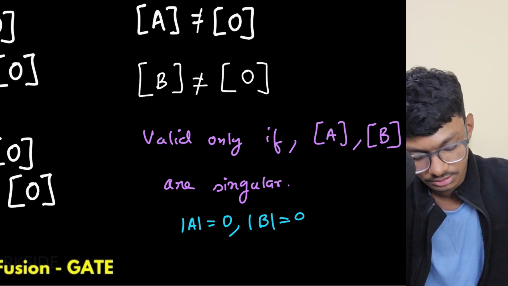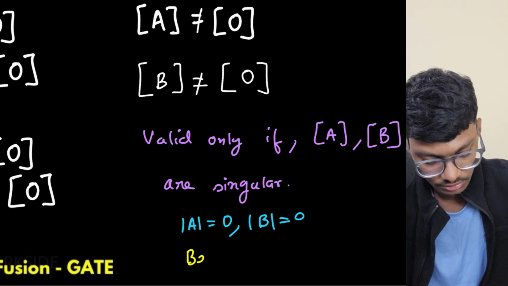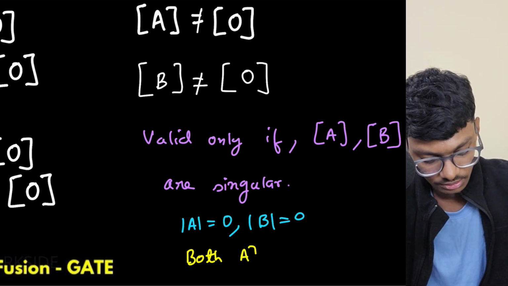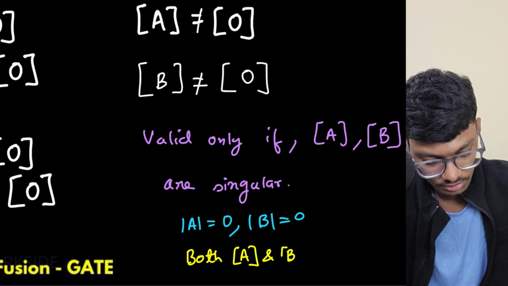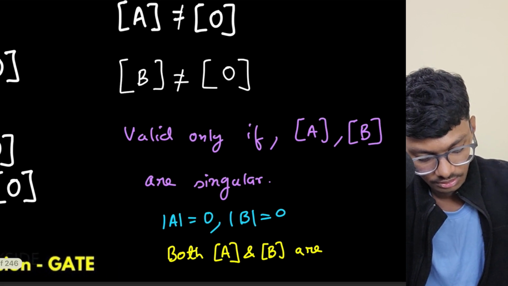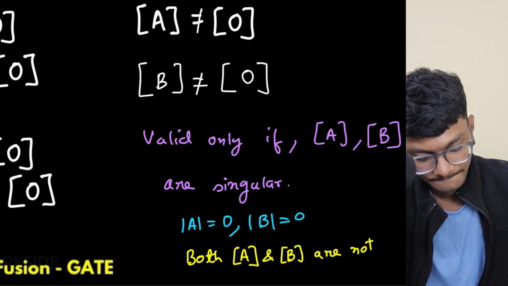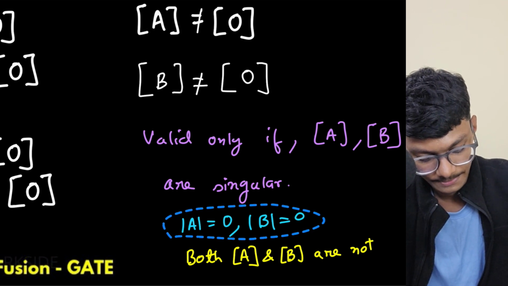That is, both matrix A and B are not invertible.